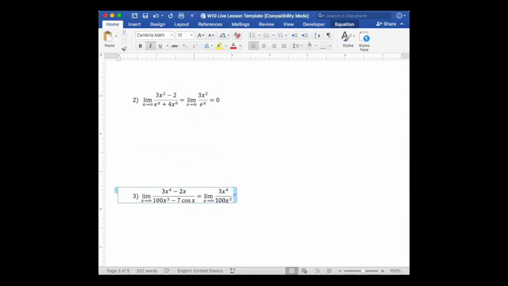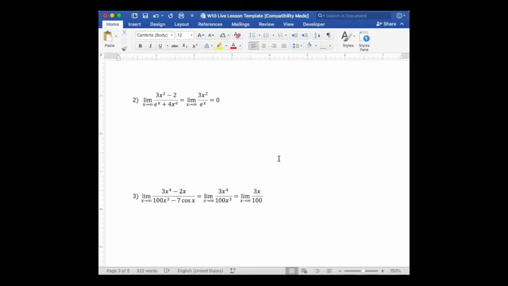After making that simplification, hopefully you notice that we can actually simplify a little bit further, right? There's some cancellation between the x's. And after cancellation, that's going to leave us with the limit as x goes to infinity of, I think, just 3x over 100. Okay.